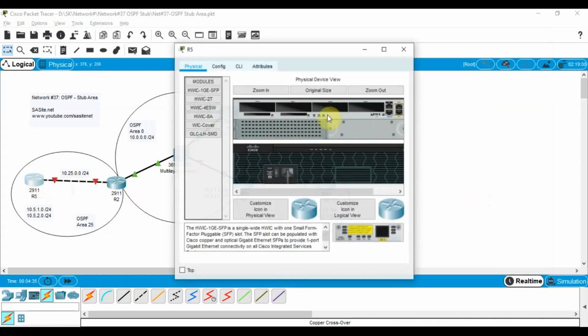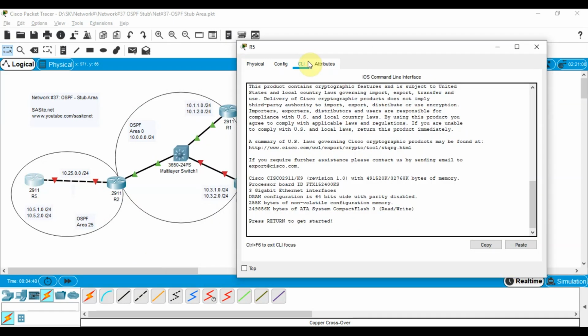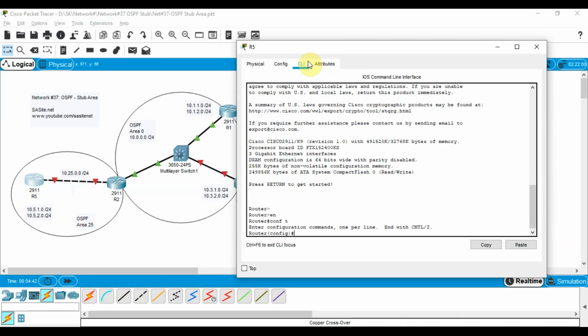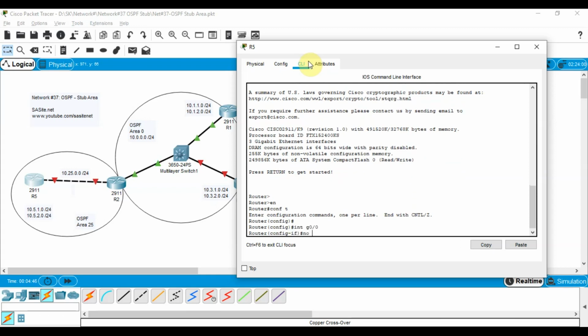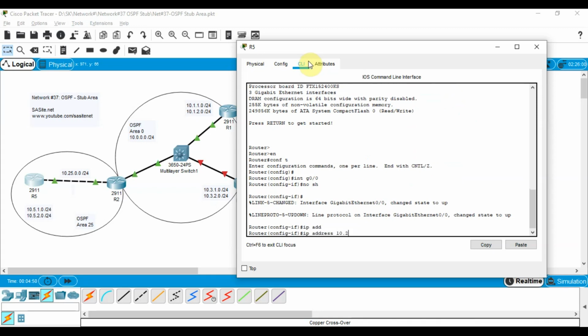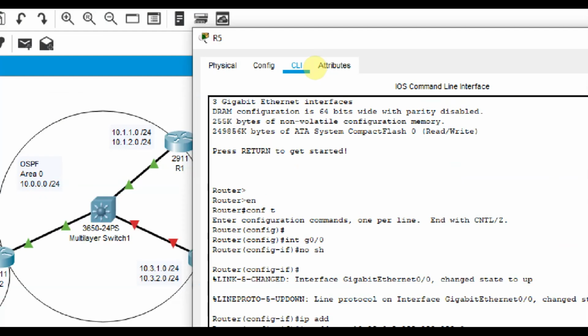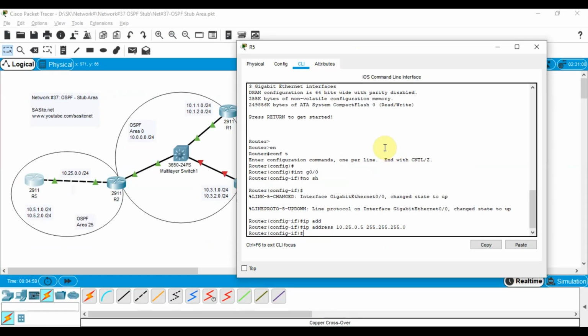So let's configure R5. Make it slightly bigger, go to CLI, enable, global configuration mode, interface gig 0/0, no shut, interface is physically up, and 10.25.0.5, router 5, /24. Here we go, basic configuration, quite familiar to you now.